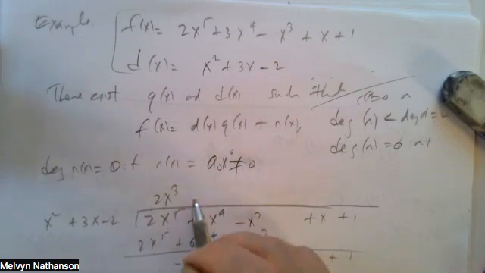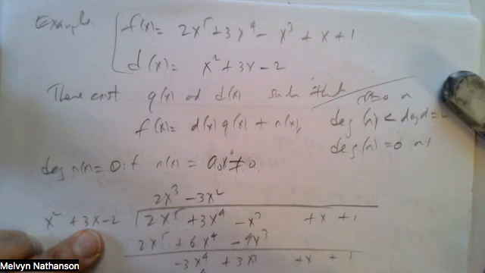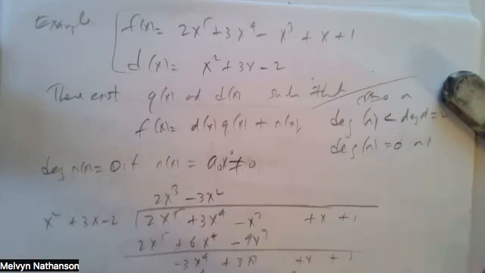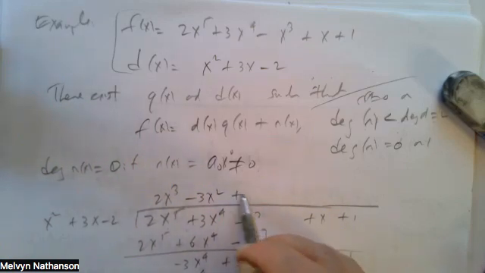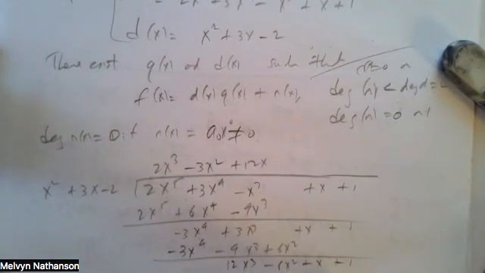X squared goes into this minus 3x squared times. I get minus 3x to the fourth minus 9x cubed plus 6x squared. When I subtract, I get 12x cubed minus 6x squared plus x plus 1. X squared goes into this 12x times. I get 12x cubed plus 36x squared minus 24x. When I subtract, I get minus 9x squared plus 25x plus 1.